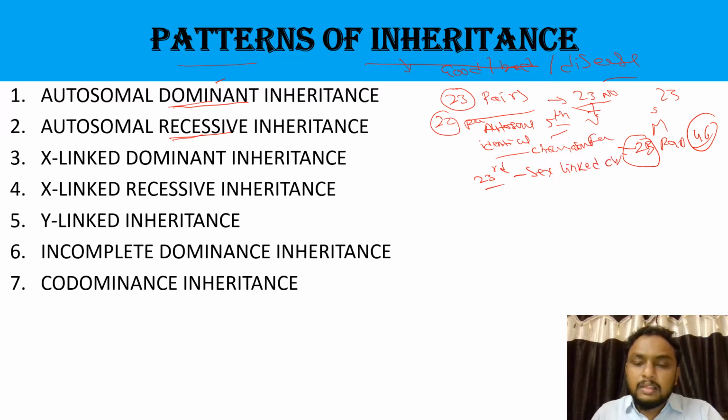In this, if it is a male, there will be XY. If it is a female, there will be XX. Only this set of chromosomes determines the sex, whether it should be female or male. That's why it is sex determined.